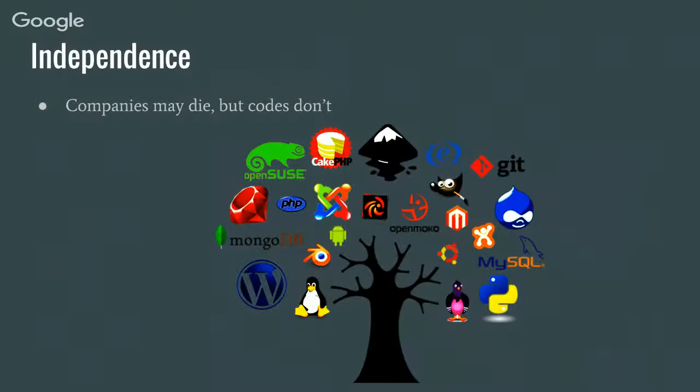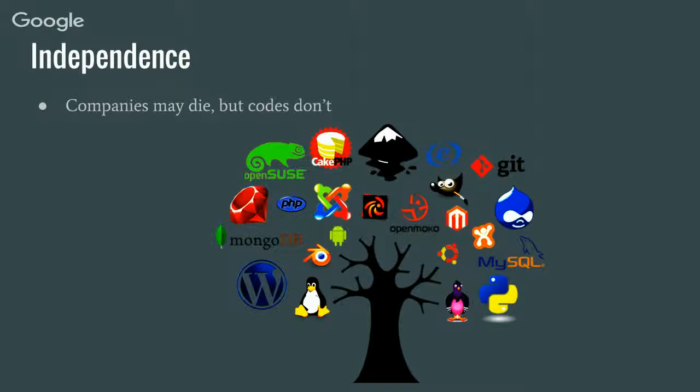And also there's company independence. Companies may start using code and working with it, and put it out there for everyone to use, and that company may fail due to various reasons, but that code doesn't die because the code's open for everyone to access.